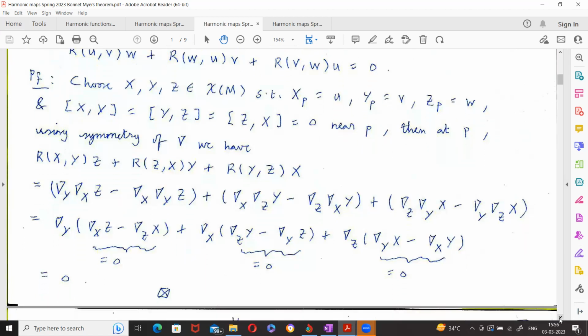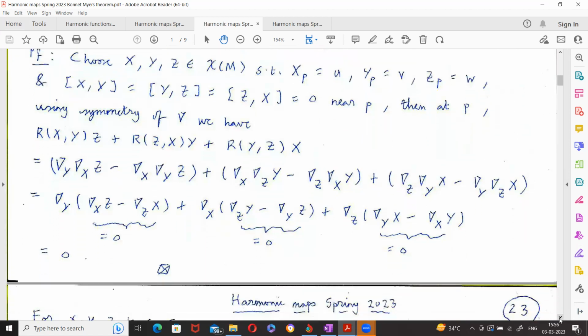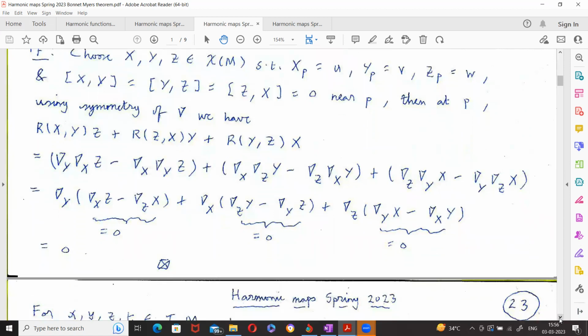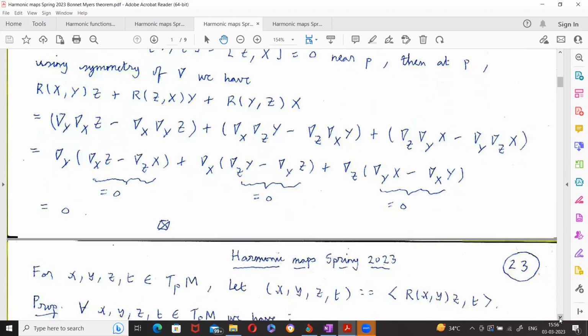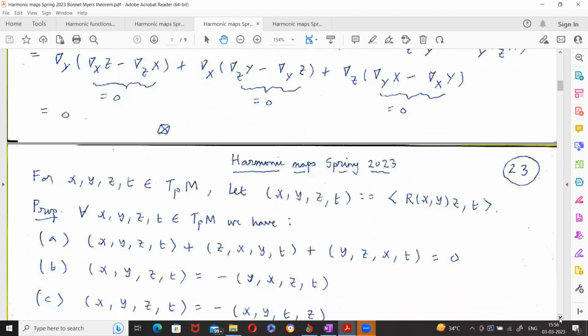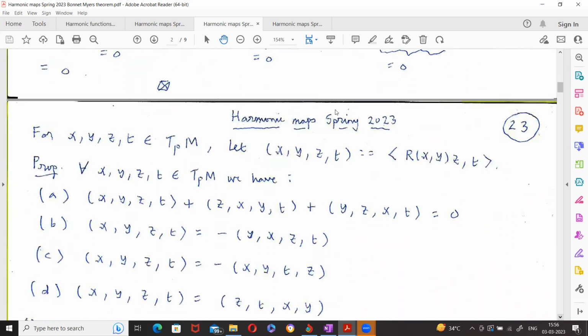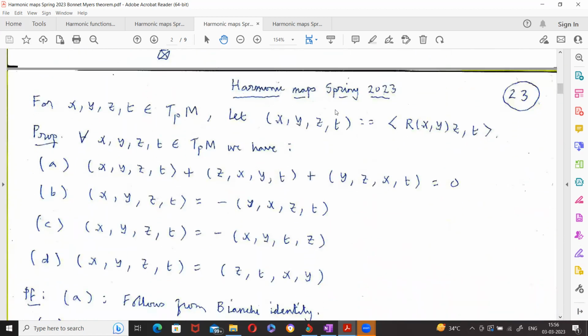All right. Okay, so it's just a simple computation. That's the Bianchi identity. And now the curvature tensor is totally determined by the following quadrilinear function.